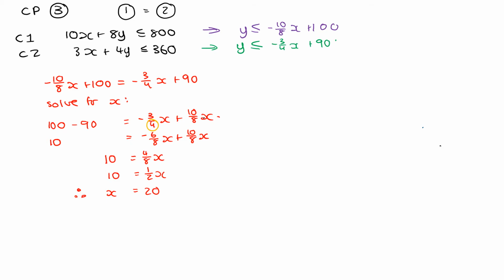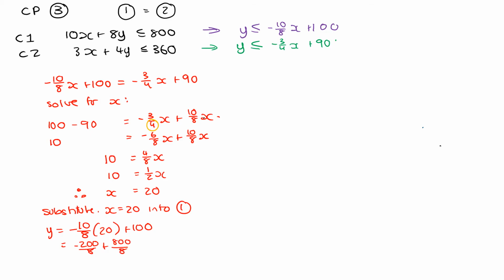Then we substitute x into either 1 or 2. Into 1, we have y is equal to minus 10 upon 8 times 20 plus 100. That's minus 200 upon 8 plus 800 upon 8.